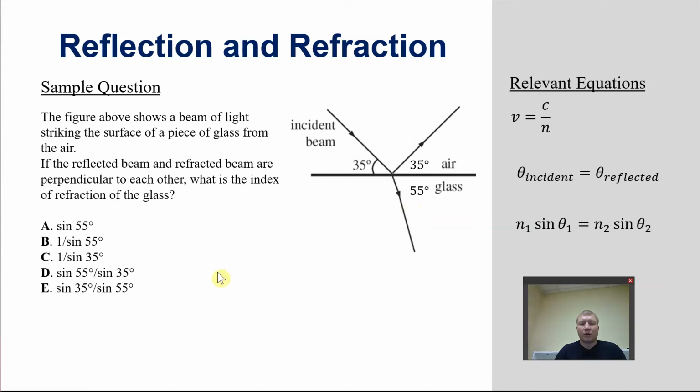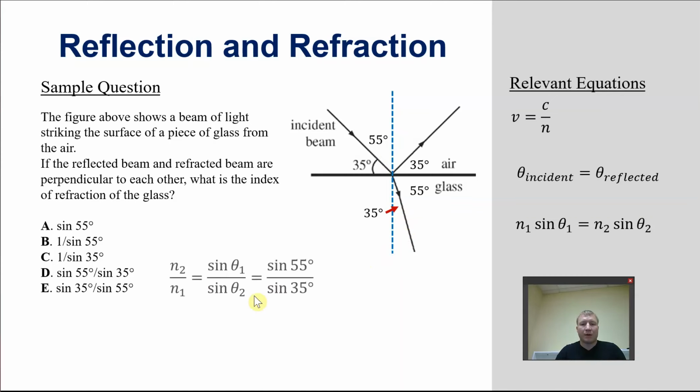Right, but you gotta remember that the angle of incidence, angle of reflection, or angle of refraction is measured not from the interface but from the normal to the interface. So this is your angle of incidence, and this here is the angle of refraction.